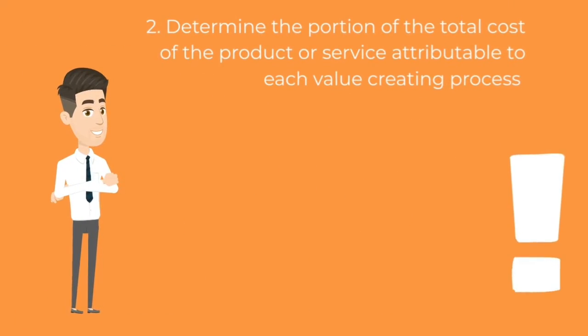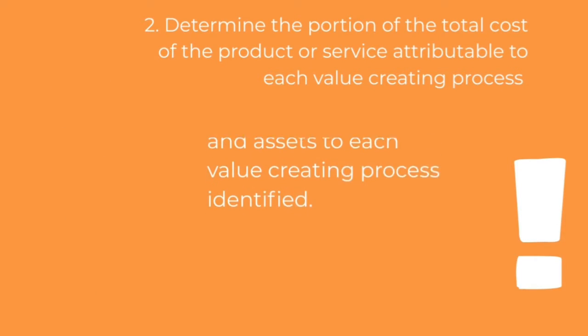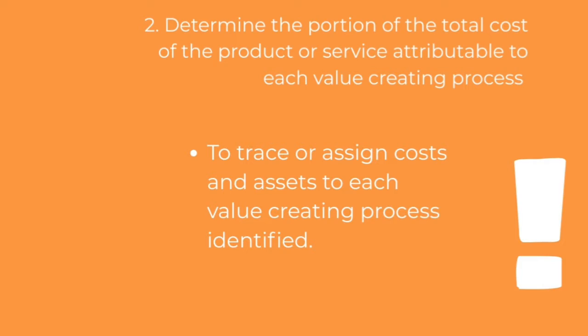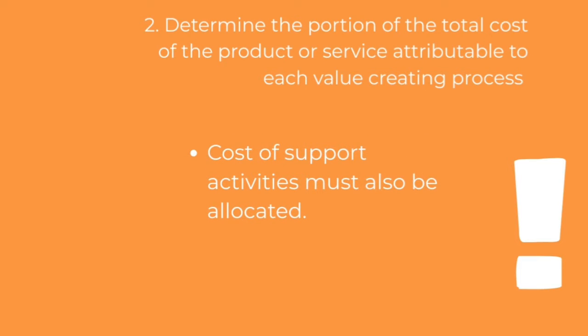Determine the portion of the total cost of product or service attributable to each value creating process. The next step is to trace or assign costs and assets to each value creating process identified. A company might use estimates to assign costs to the value creating activities. The costs of support activities must also be allocated to get a full picture of cost.